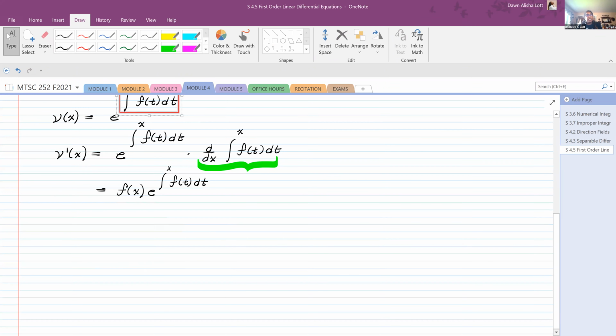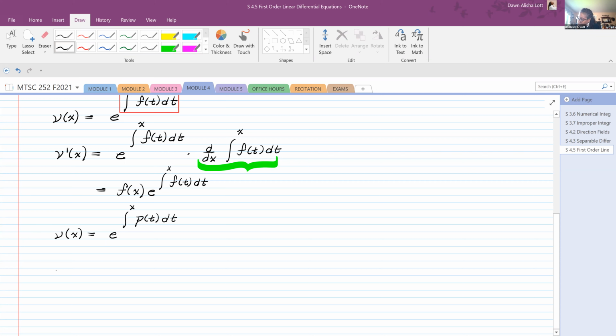All right, so now suppose nu of x happens to be e to the integral of p of t dt.